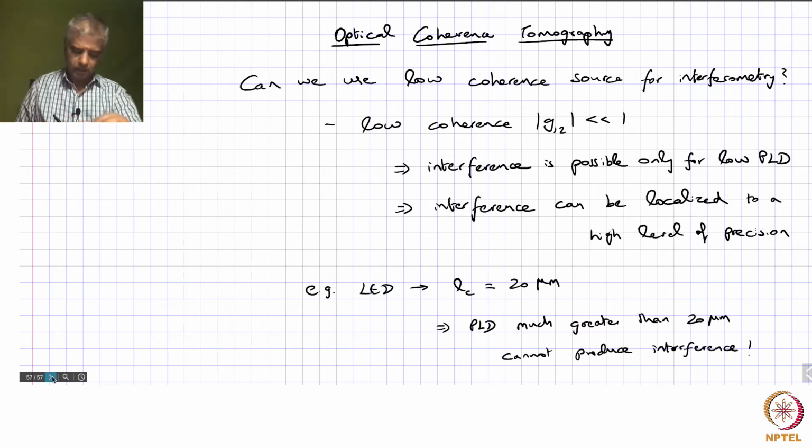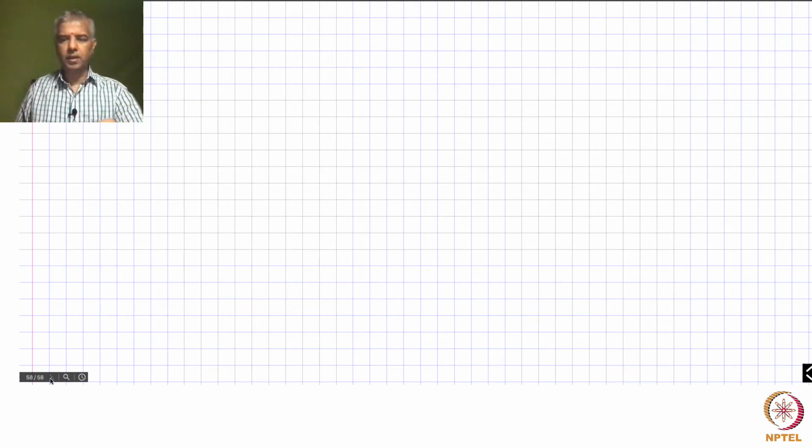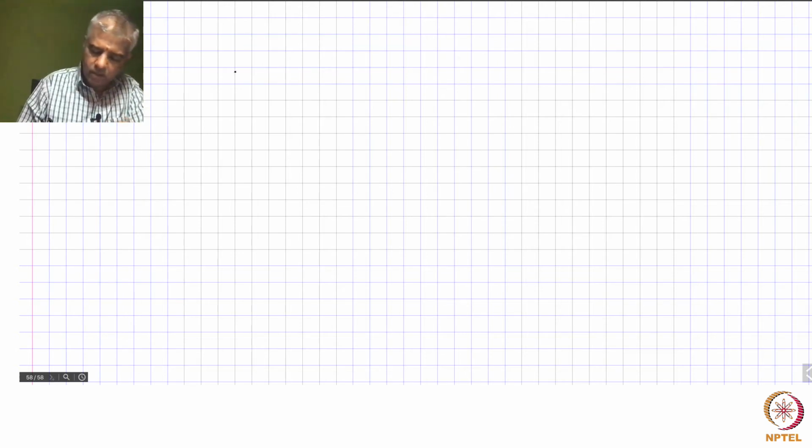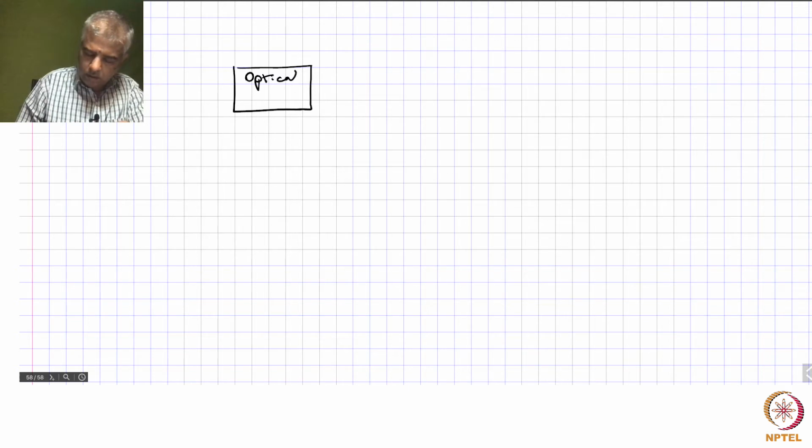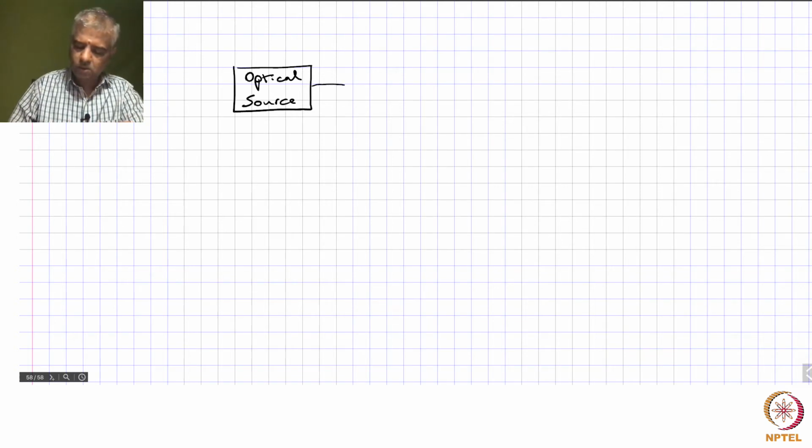So let's draw a typical schematic once again of a Michelson interferometer and then examine this. I start, as usual, with an optical source. I'm looking at a fiber coupled optical source.